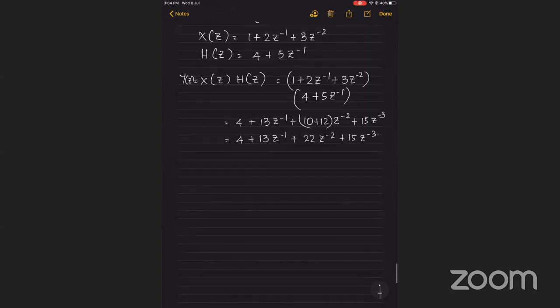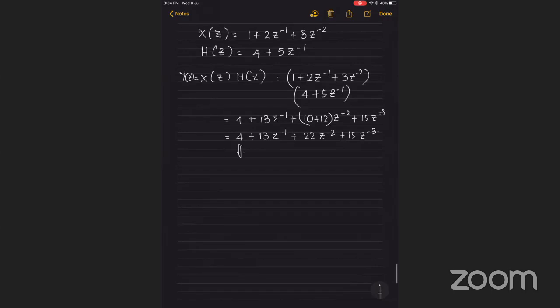Now what we do? You pull out these coefficients. These are precisely the coefficients of y of n. Now compare this with the expression for Y of z.